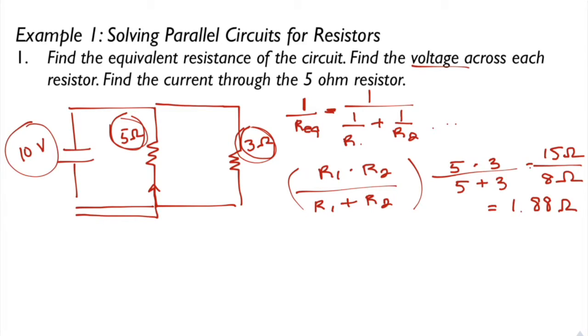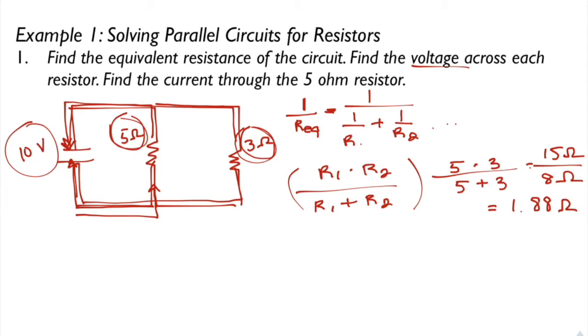And the reason that parallel circuits have the same voltage is because both of these resistors have a direct path to the positive and negative terminals of the battery. So since it doesn't have to run through any other resistor, it won't be affected, and therefore it will be the same.